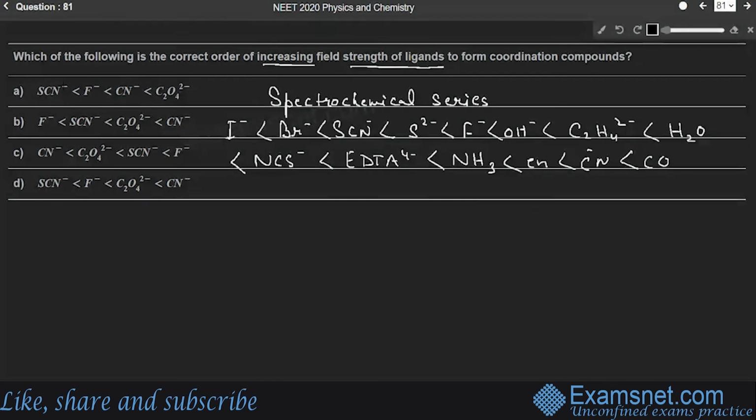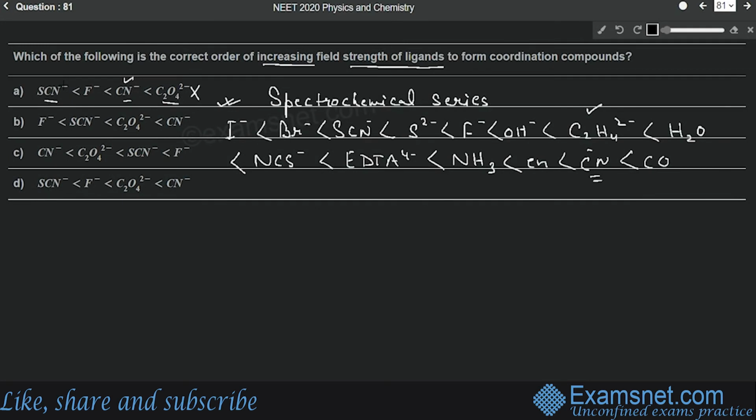Okay, now have a look at this spectrochemical series and try to find out the correct answer from the given options. Here we can see in the first option, cyanide is written before C2O4 2 minus, but in this series you can see C2O4 2 minus comes before the cyanide. Okay, so this is not the correct answer.